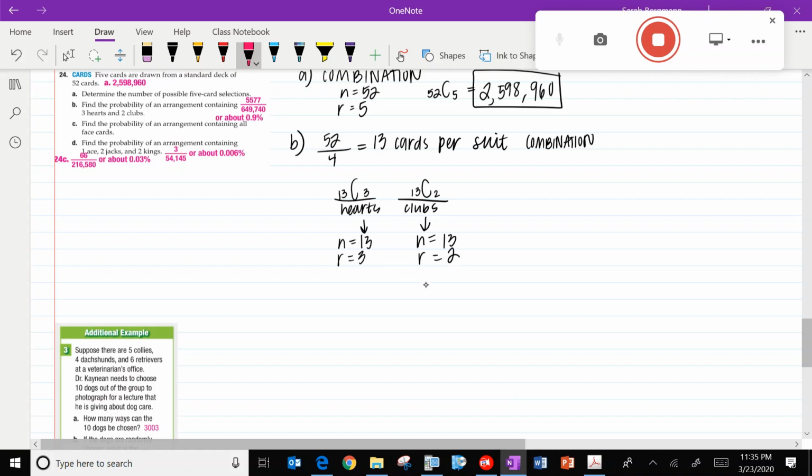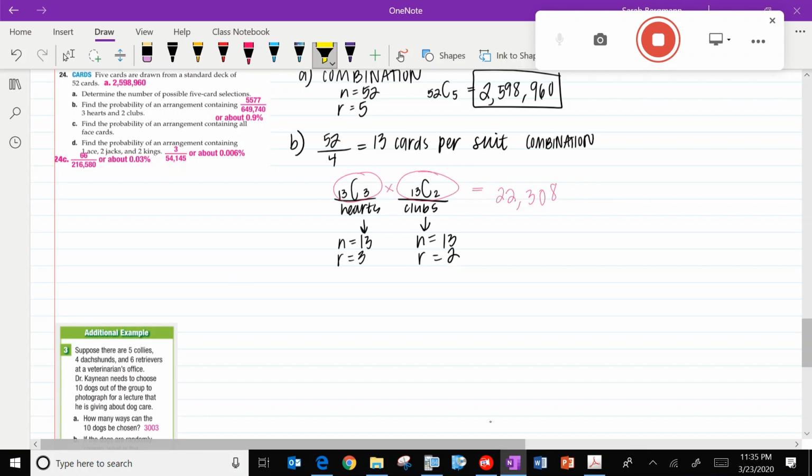Now to find the total number of outcomes, I have to multiply the number of outcomes for the heart event times the number of outcomes for the club event. So when you type that into your calculator, you can just type it all together, 13C3 times 13C2. And you should get that there are 22,308 possibilities for choosing 3 hearts and 2 clubs.